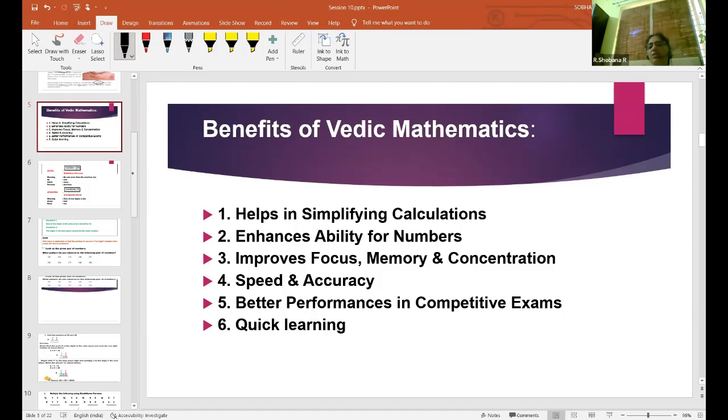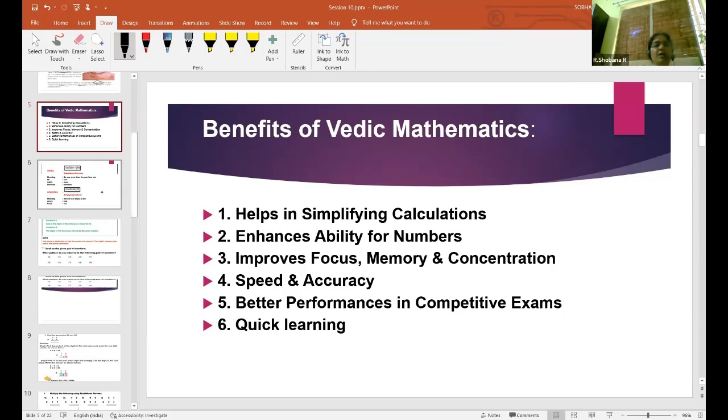All these concepts children can use in competitive exams or even during exams, because if you see only the calculating part, the children are taking a long time, and sometimes even though the method is correct, the answer is wrong because of the working out part. Sometimes if it involves a very long division in a word problem, children just give it up because they think the procedural part of multiplication or division is very difficult. And of course, quick learning.